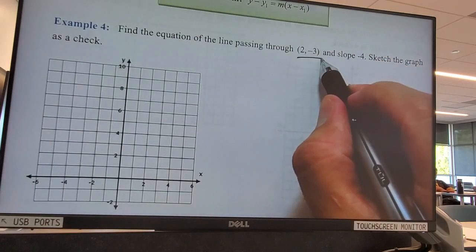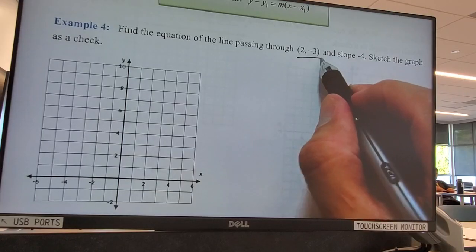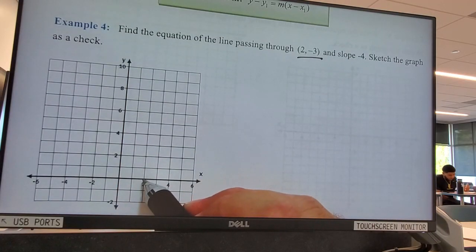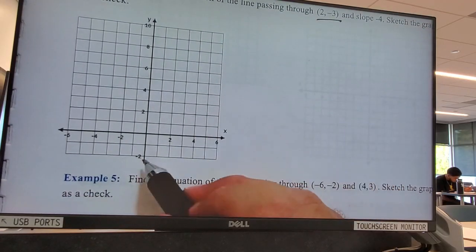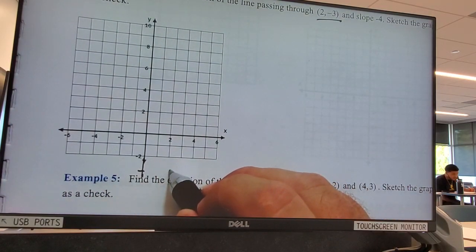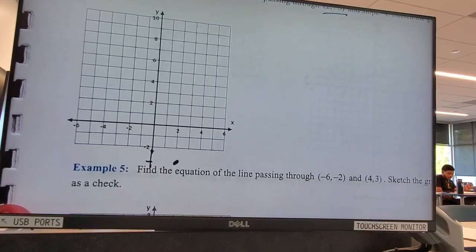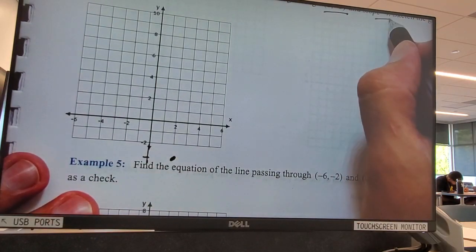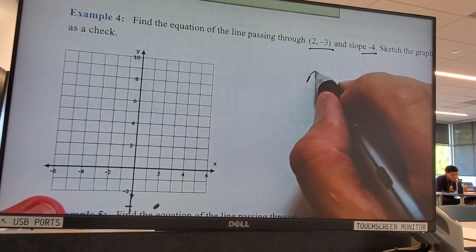Can you guys plot this point? (2, -3), is everybody with me? Yep. Okay.